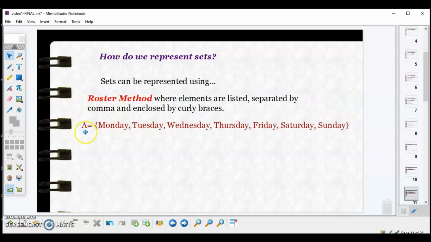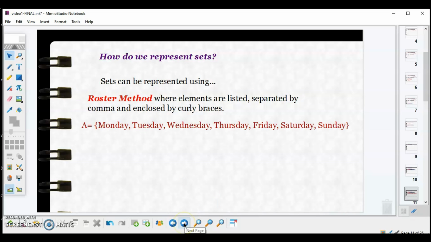So let's take this example, the set of days in a week. So we have A. As you can see, all elements are enumerated or listed, and between the elements is a comma, and everything is enclosed by braces. So we met the definition stated there for the roster method.